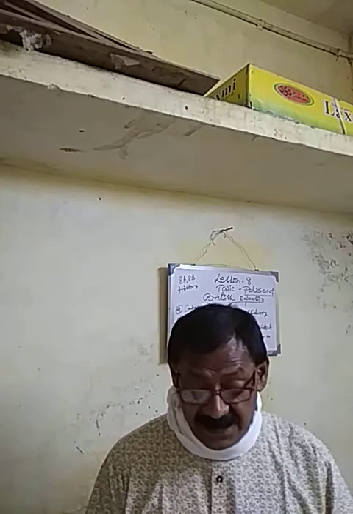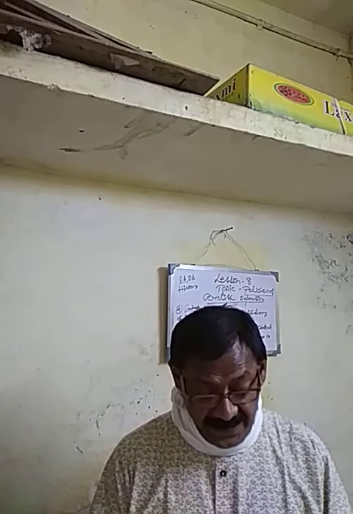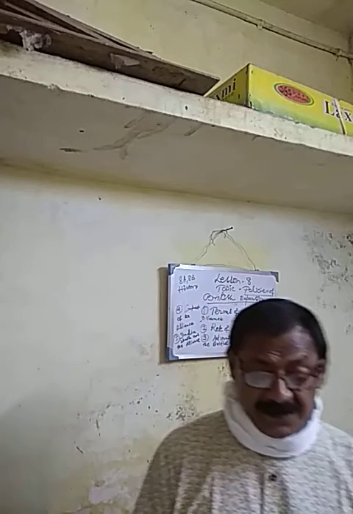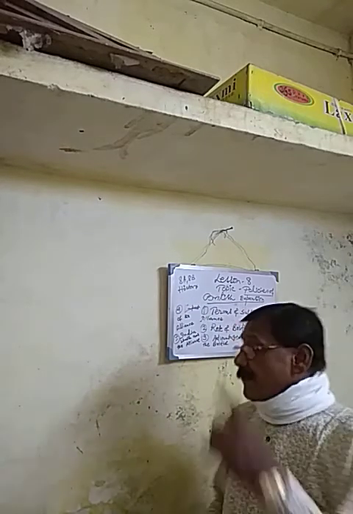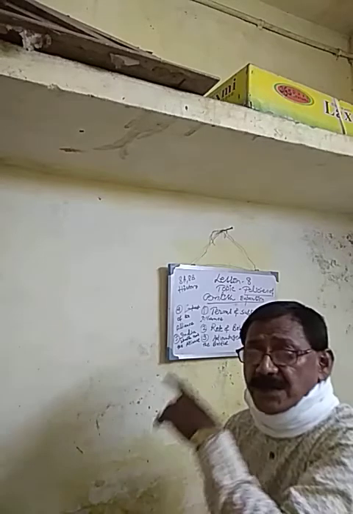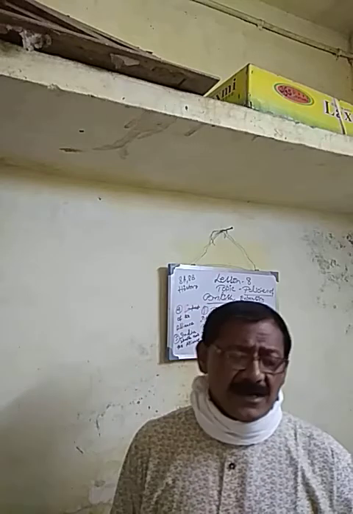So, last point, the subsidiary alliance was very much advantageous to the British as a result of it. Why? Because many Indian states were forcefully made to sign the subsidiary alliance and they came under the control of the British.